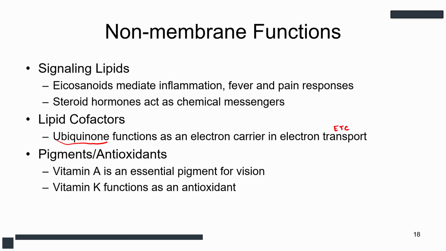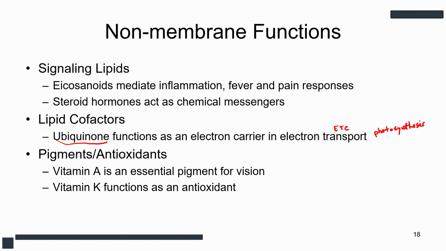There are some other lipid cofactors that do effectively the same thing in photosynthesis. They're just carrying electrons. Now, I mentioned this the other day: hearing about oxidation reduction is not exactly the most exciting thing on Earth. It can feel a little bit tired, a little bit dry.